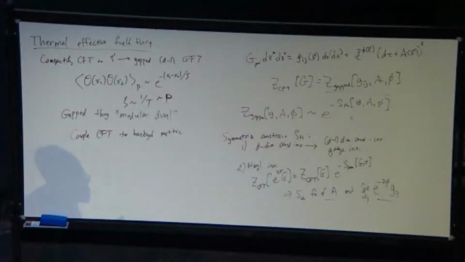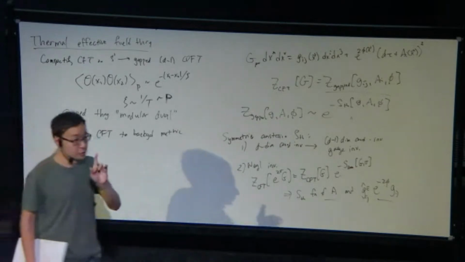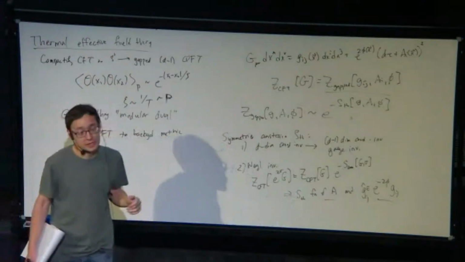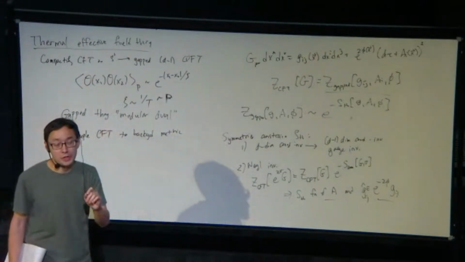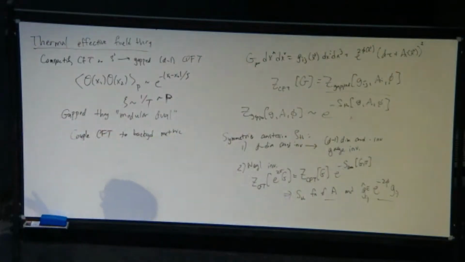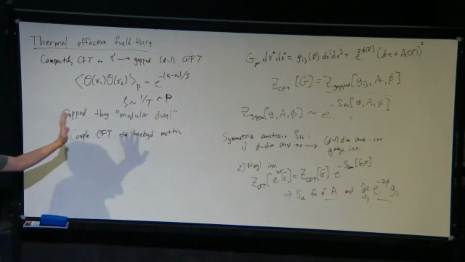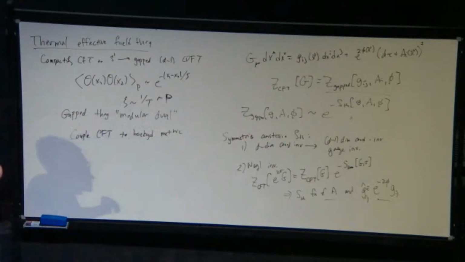This won't be true in general, for a free theory, for example. For a free theory, it's not going to be true. But for a general interacting CFT, we would expect it to be true. And indeed, if we try to apply this to a free theory, we'll see exactly where it breaks down, because there will be a gapless sector. Thanks for the question.